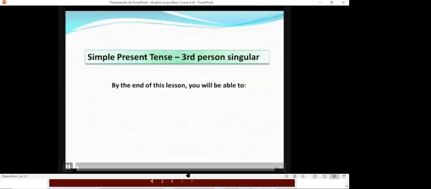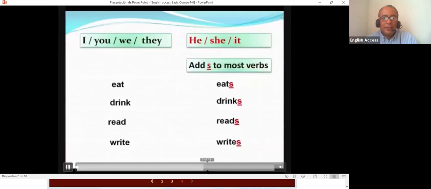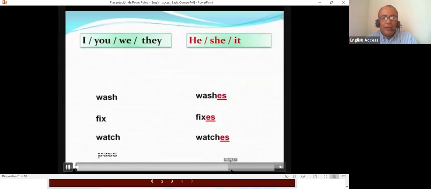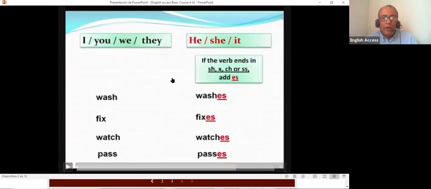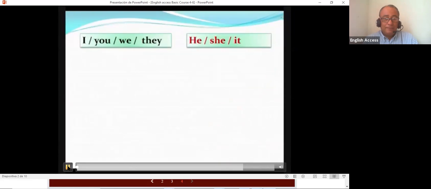The rule says, with verbs ending in sh, x, ch, or double s, or o, you need to add es to the end of the verb. Okay, only in affirmative sentences.